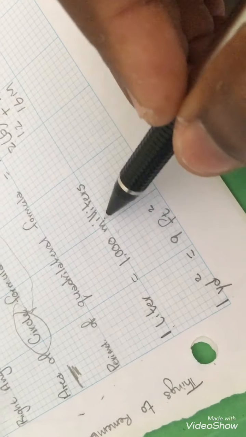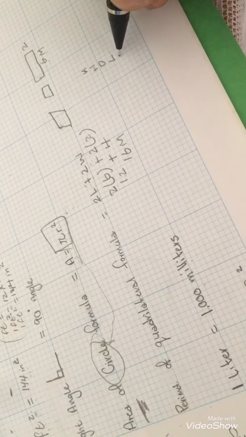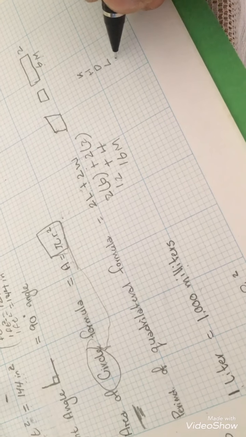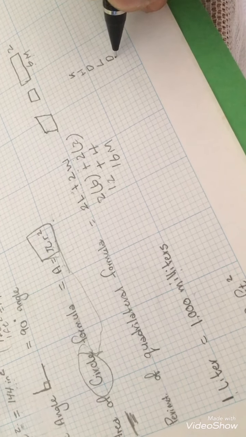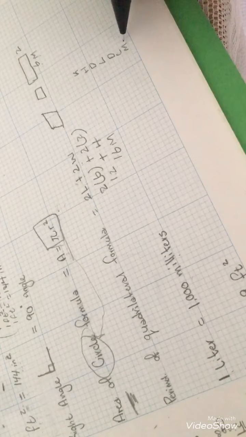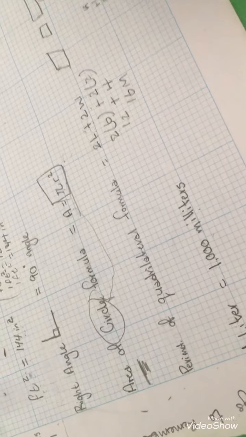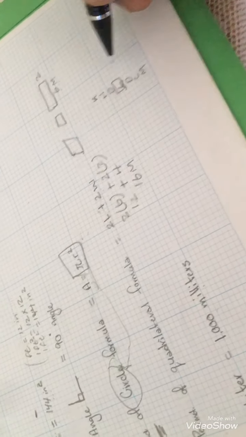1 liter is equal to 1,000 milliliters. Right, remember we had kilo, hecto, deca, liter, right? And then we go down to deci, centi, and milli, right? So we know we're at liter, but we want to make it into milliliter.